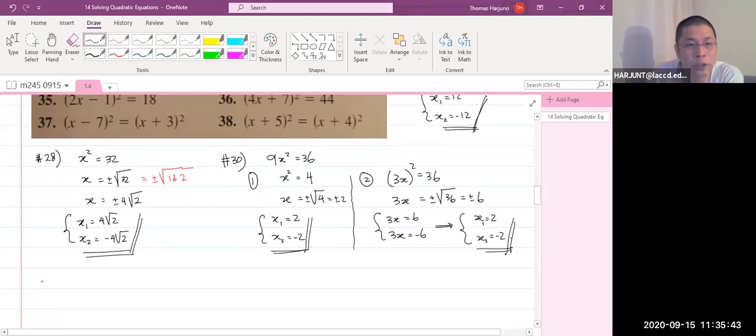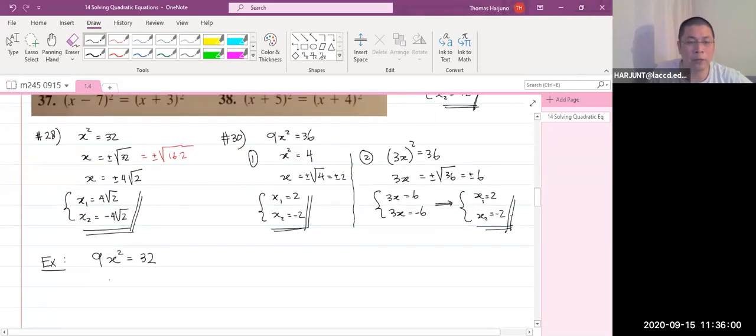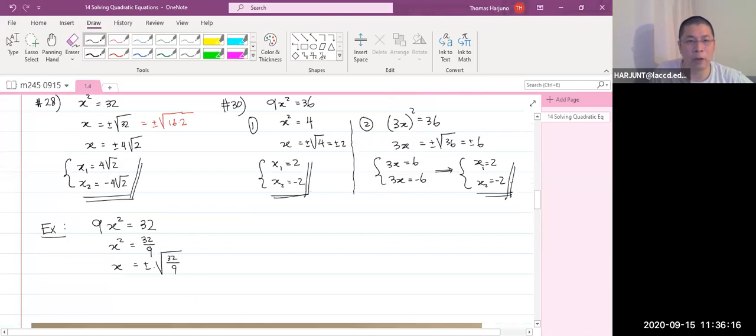My type of question, for example, suppose I have instead 9x squared equals 32 instead of 36. So what I will do is I divide by 9 first, and then apply the square root property. Okay, simplify whenever possible.